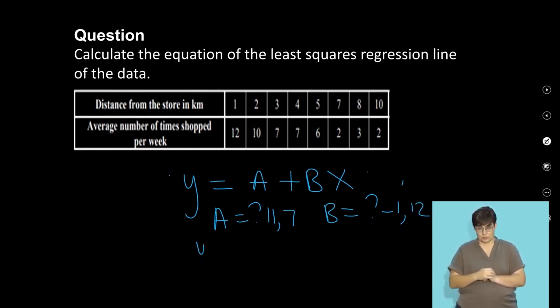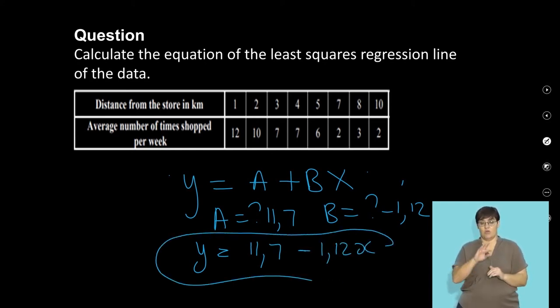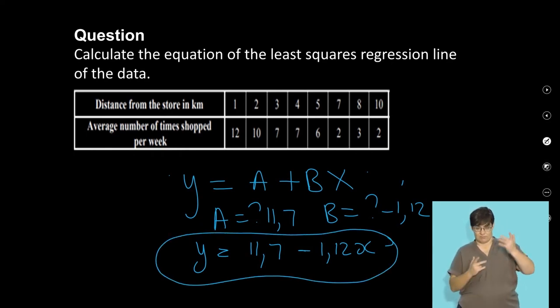So my equation will be y equals 11.7 minus 1.12x, which is the equation of the regression. Are we together? We used our calculator to find the equation of the regression.